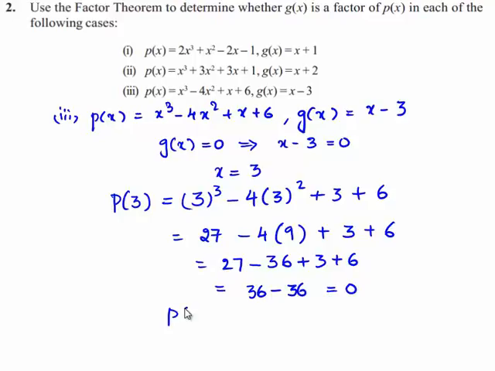So we got P of 3 is equal to 0. By factor theorem, we can say that x minus 3 is a factor of the given polynomial P of x.